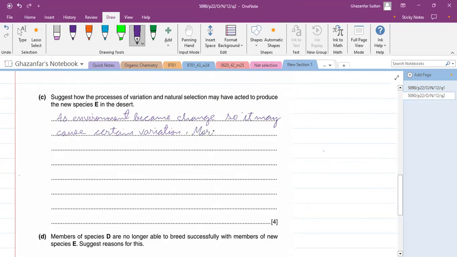Moreover, mutation may occur to cause some more variations.